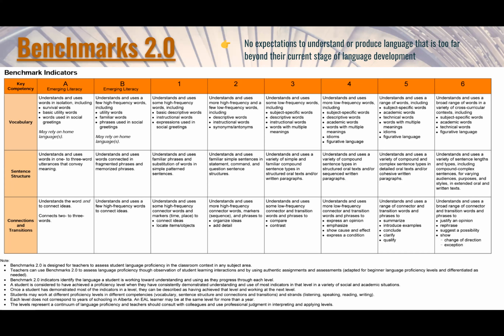It's a good reminder: I'm not going to be asking my students, or using myself, a variety of sentence lengths and types like compound and complex at a level 6 when my student is just here, only able to understand one, two, or three word utterances. So just thinking about where we're putting our language for comprehensible input and what our students are able to do for comprehensible output.